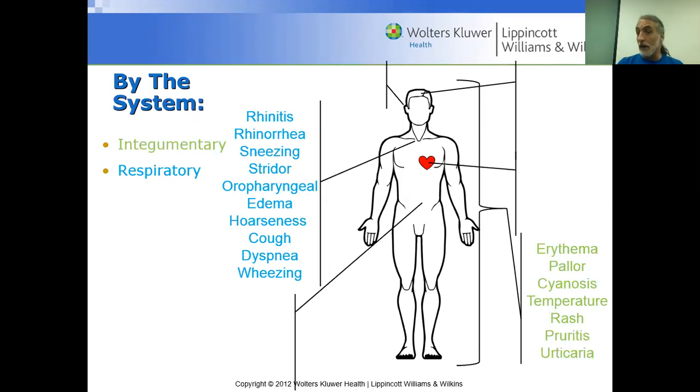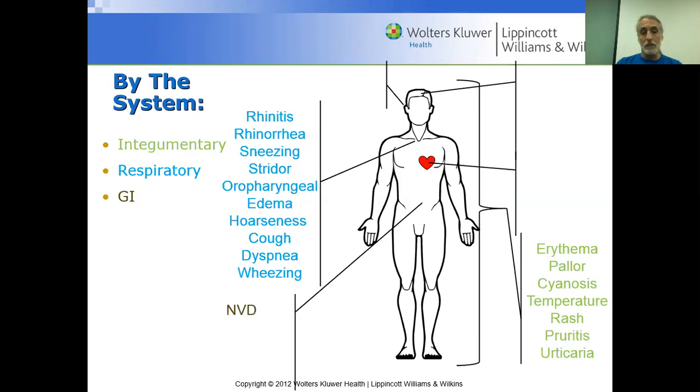That's where we start to get a little worried, right? Oropharyngeal edema, so you have swelling in the oropharynx. Again, potential for compromising the airway. Compromising A, B, and C don't matter. Cough, dyspnea, wheezing. Right, wheezing. You're hearing that as the bronchi begin to become inflamed.